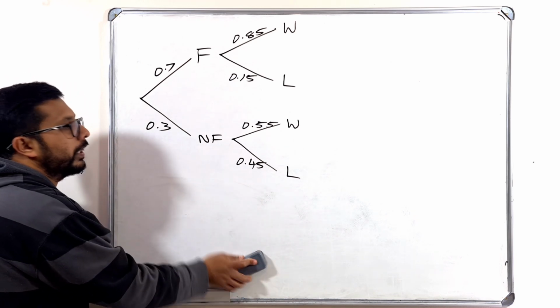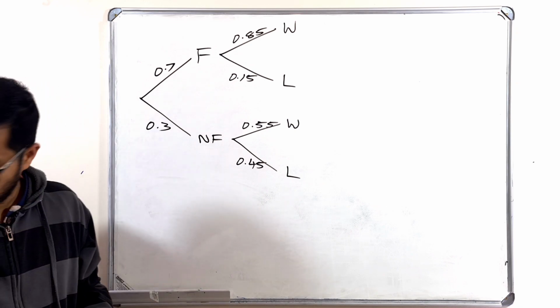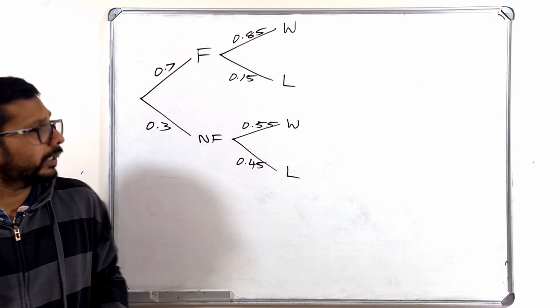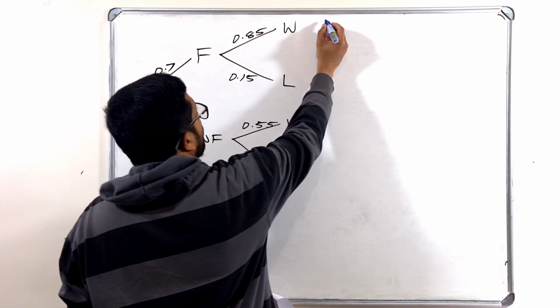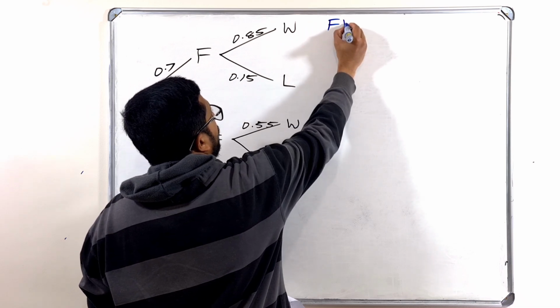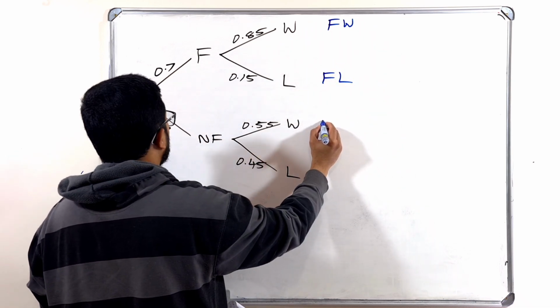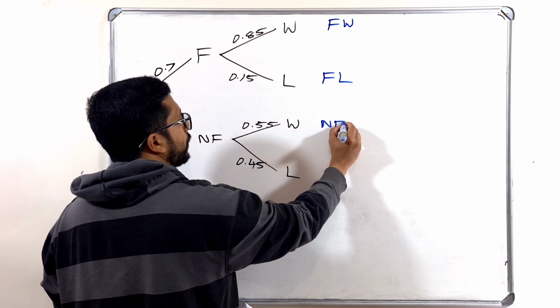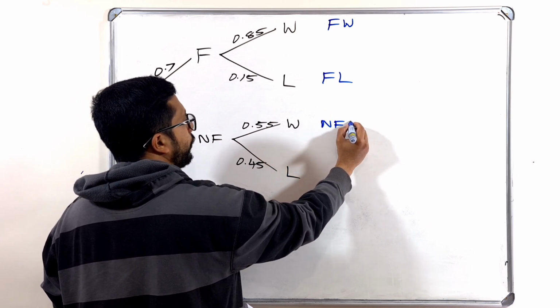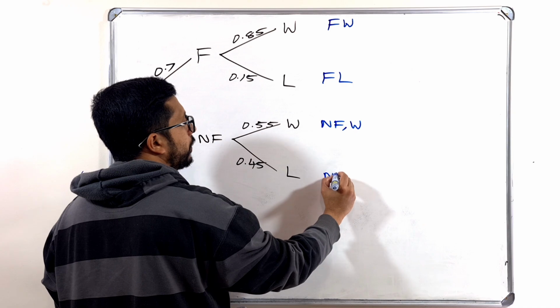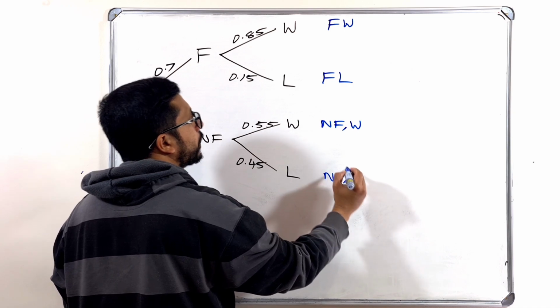So here we got a tree diagram. Now, how can we write the outcomes here? Fit, win. Fit, lose. Not fit, win. Not fit, lose.